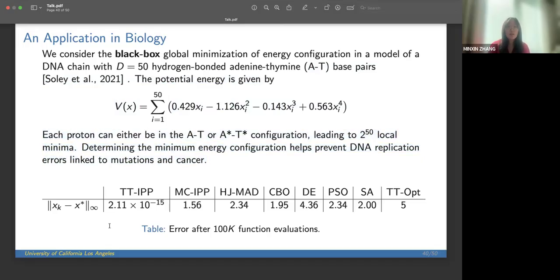Our TT-IPP and MC-IPP managed to converge to a global minimizer, and TT-IPP managed to converge to that global minimizer with high accuracy. MC-IPP is less accurate, but it outperforms all other global optimization methods that we considered.